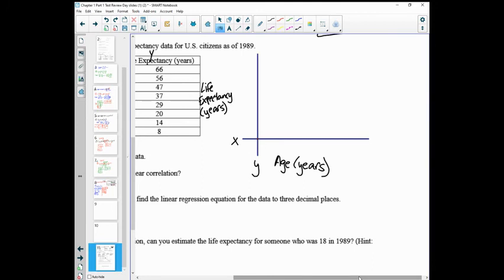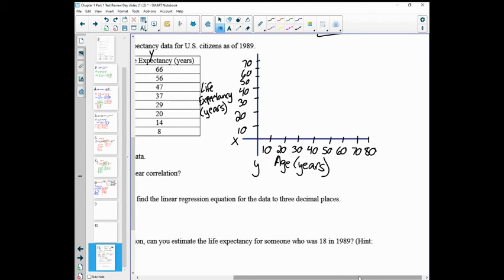The x values in the first column are multiples of 10, so I'm just going to count by 10. 10, 20, 30, 40, 50, 60, 70, and 80. The y-axis, I'm also going to count by 10s. 10, 20, 30, 40, 50, 60, and 70.